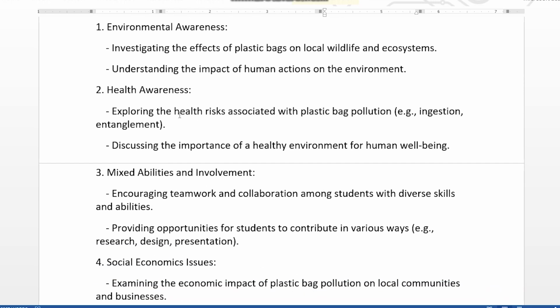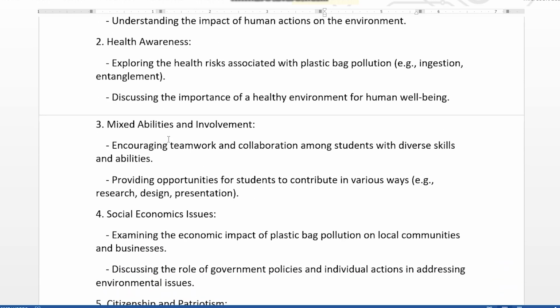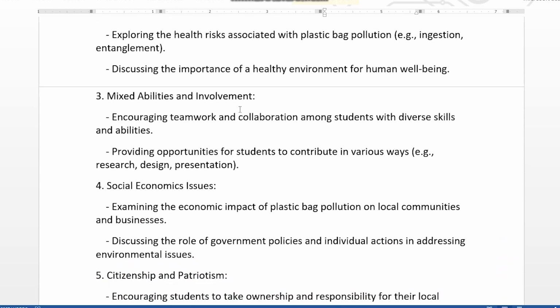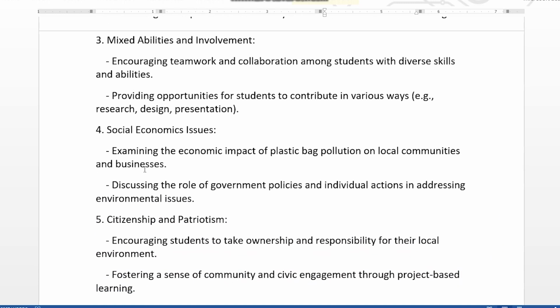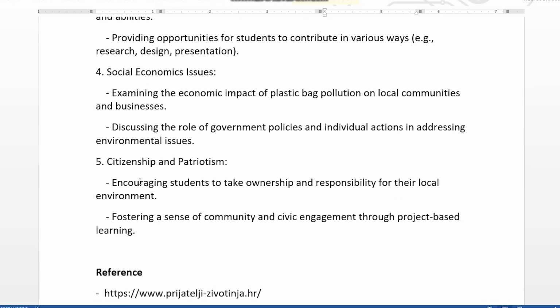Health awareness, exploring health risks associated with plastic bags like ingestion, entanglement, and so on. Mixed abilities and involvement encourages teamwork and collaborating with other students. Then socio-economic awareness, examining the economic impact of these plastic bags and so on.